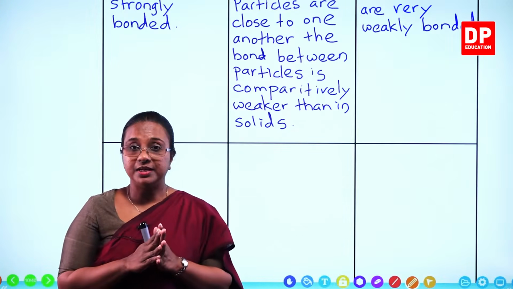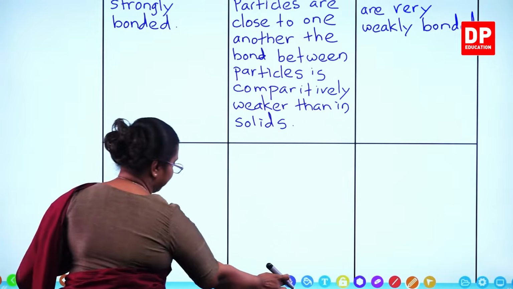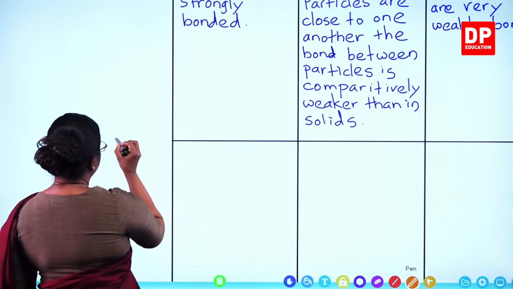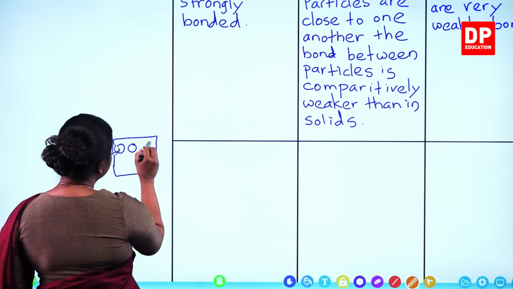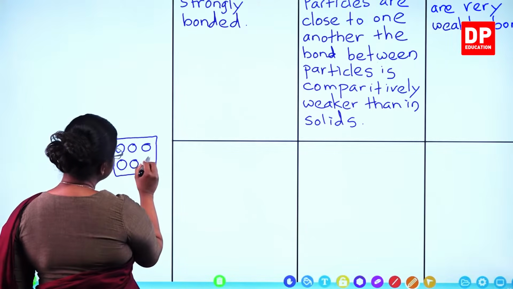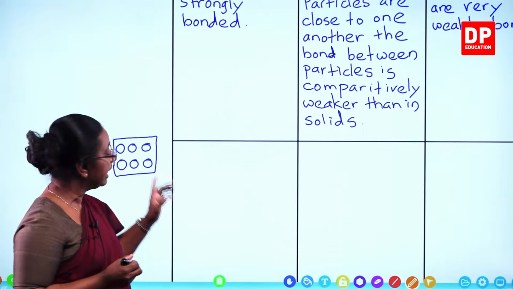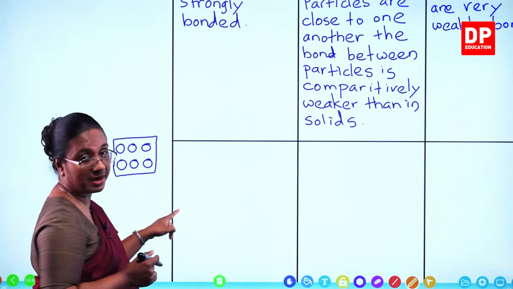So the next property. Now in the solid you can see the particles were closely packed. They are organized and arranged properly. So there is only a very small amount of space. So because of that, if you take this particle, it cannot move freely with respect to the other particles.